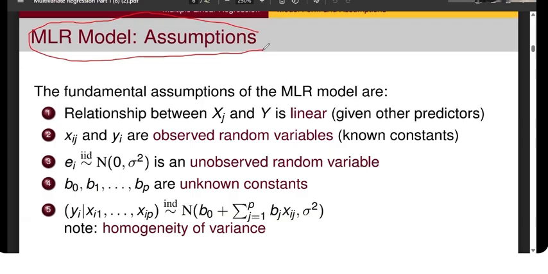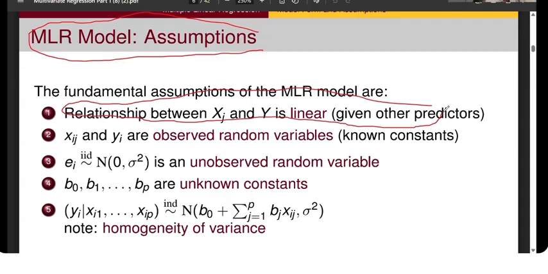When I say MLR, I mean multiple linear regression. I want you to see the word linear. I'm assuming a straight line relationship. So in the first assumption, I have to tell the world that the relationship between the variables under investigation should be a straight line relationship. That's what we mean by linear.